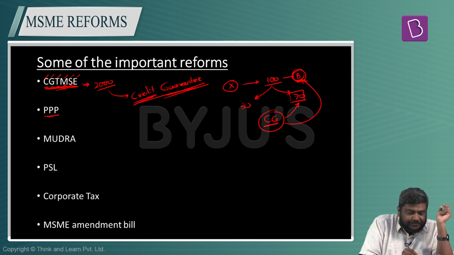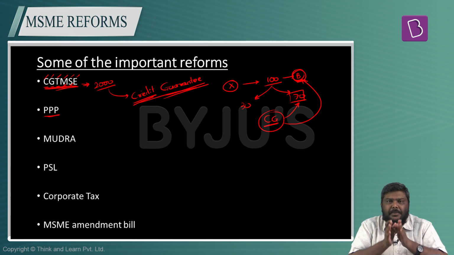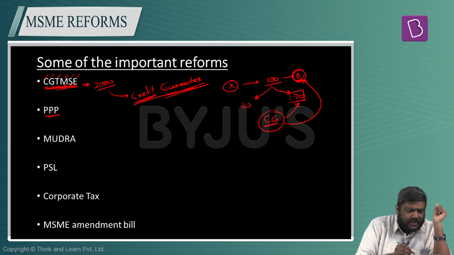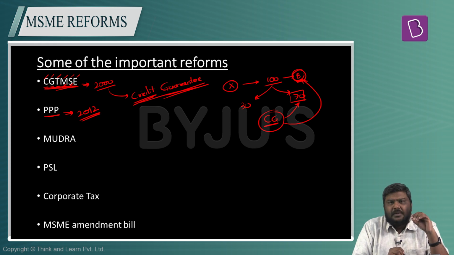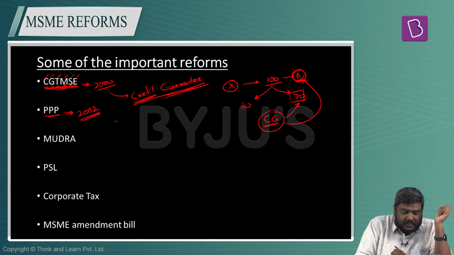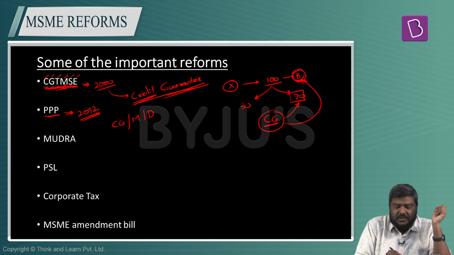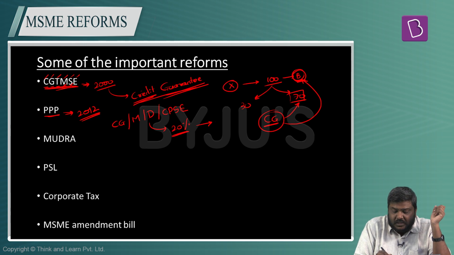Second one is the Public Procurement Policy. PPP here means Public Procurement Policy. This was introduced by the Government of India back in the year 2012. Under this policy, the objective simply is to ensure that the central government, the ministries or departments, or central public sector enterprises will source 20% of their requirement from micro and small enterprises.